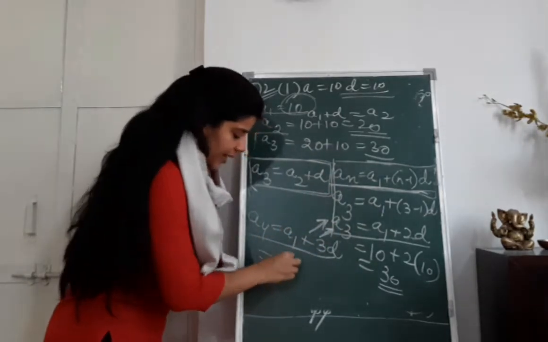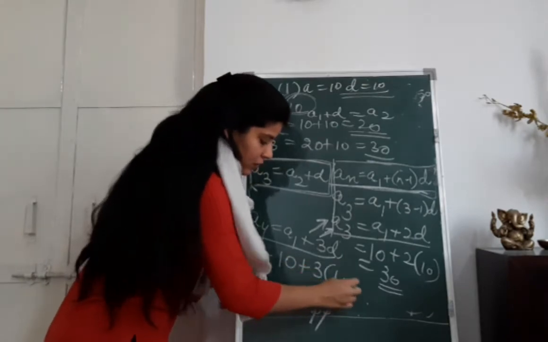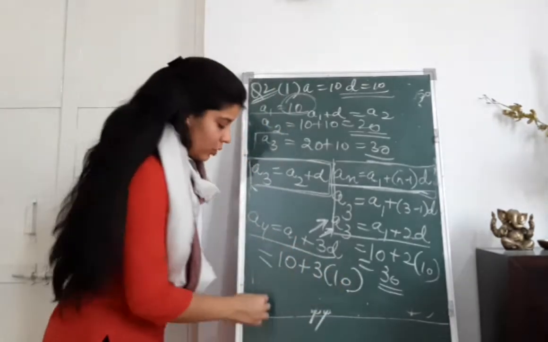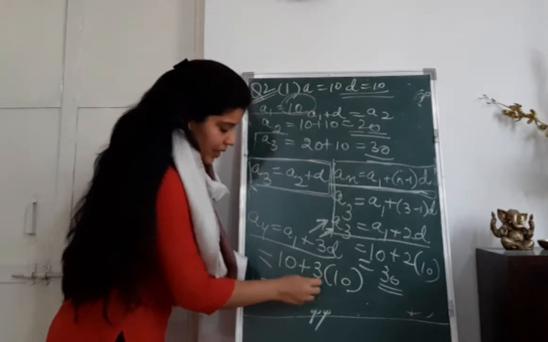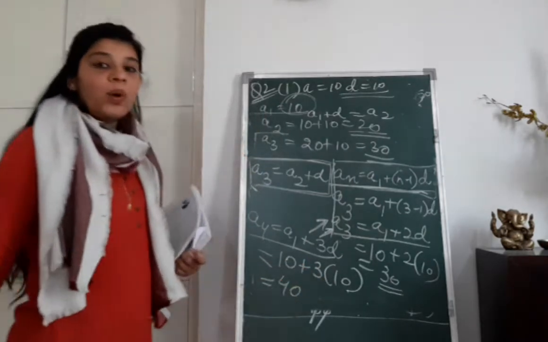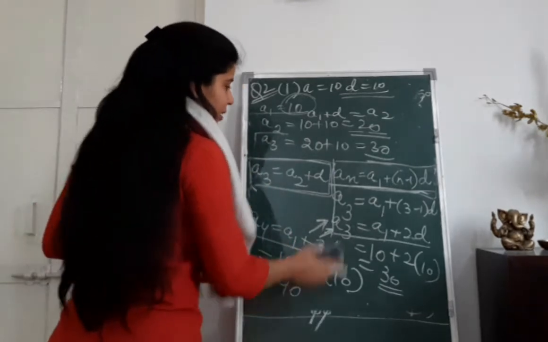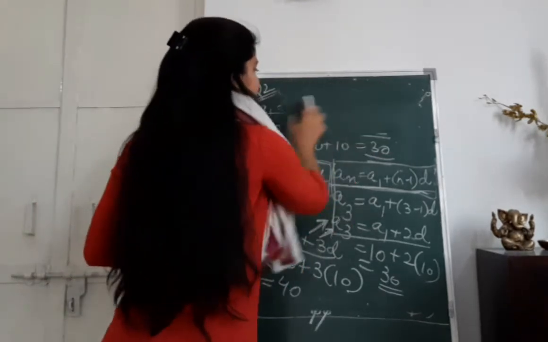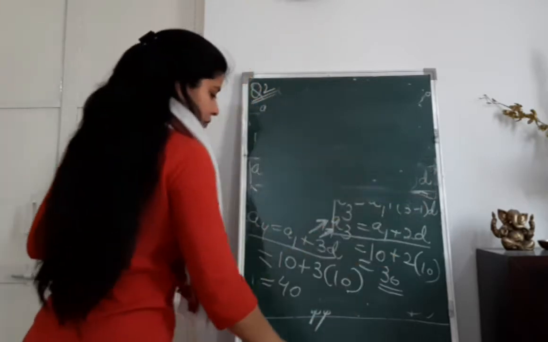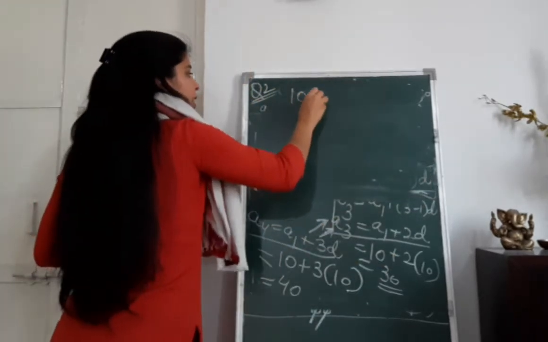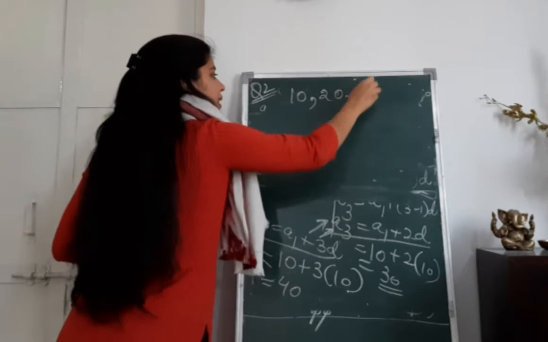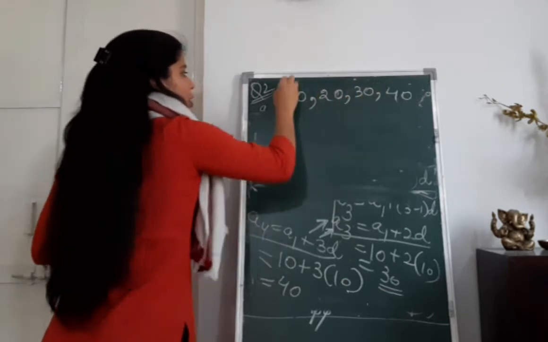A1 is 10. 3 into 10 because D is also equal to 10. So we get 10 plus 30, which is 40. So what are the first 4 terms of this AP? 10, 20, 30 and 40.